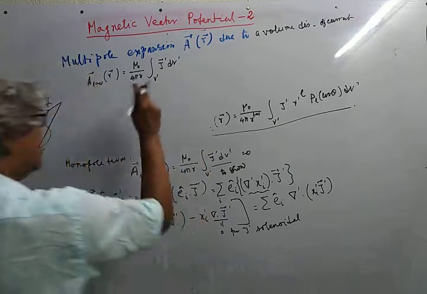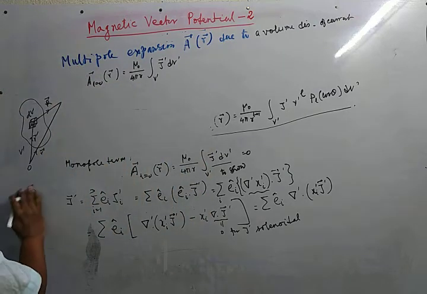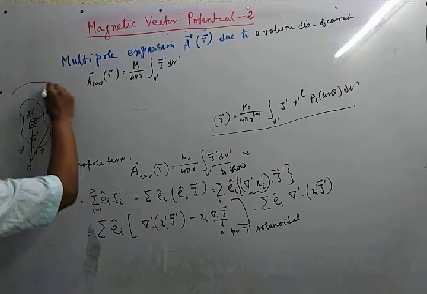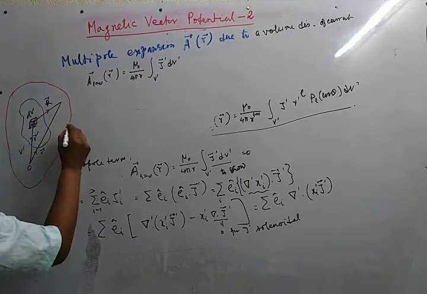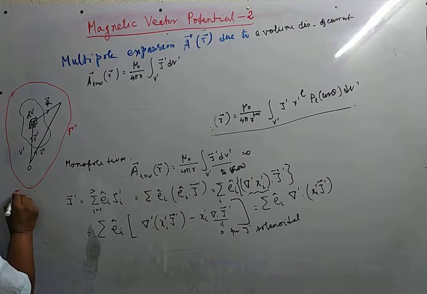Now let me do a trick. We have current distributed over this region. We use a larger volume, tau prime, and the surface is sigma prime.